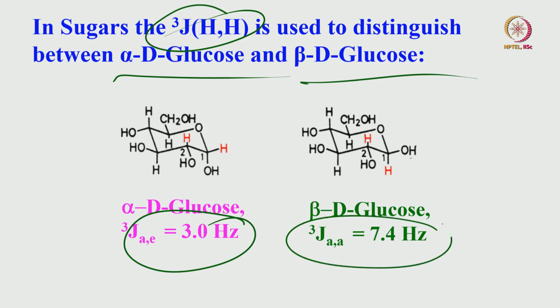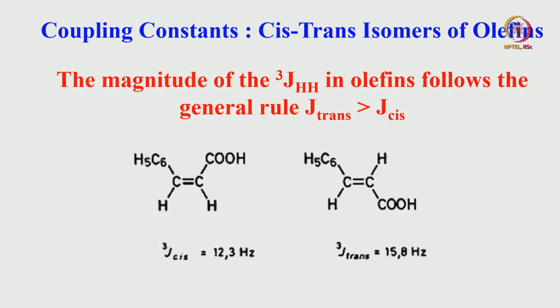As a consequence, there is axial-axial orientation between these 2 protons, so the coupling is larger. In the alpha case, it is axial-equatorial orientation, so the coupling is smaller. So if you have a sugar molecule, measure this coupling, then you know whether the coupling is smaller or larger. Based on that, you can say whether it is alpha glucose or beta glucose, very easily.